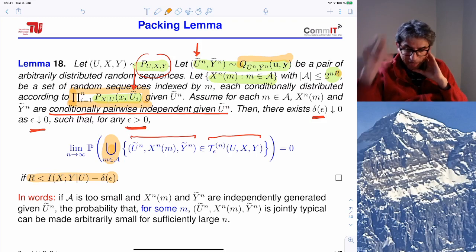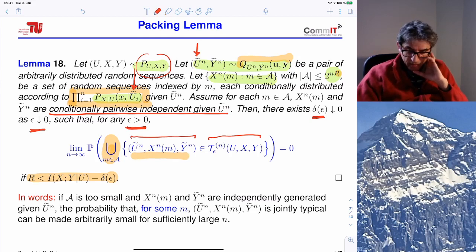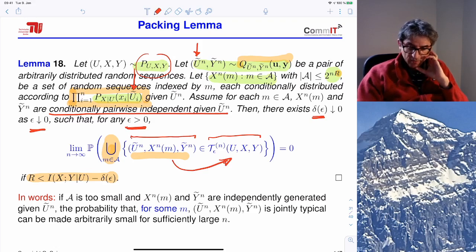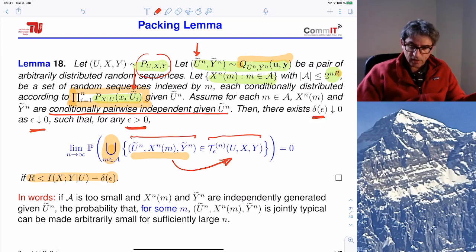And then I test. For every m, I take the triple ũ, ỹ, x(m), and I ask, is this jointly typical with respect to the typical set of p(u, x, y)? Yes or no. If it is yes for at least one m, then this union event is satisfied.